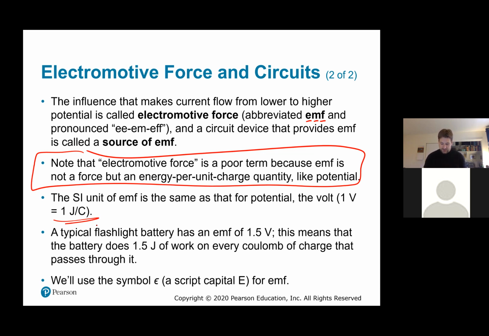The symbol, this is not the symbol I want to use, a script capital E. On the next slide, we'll see another version of a symbol that I don't want to use. I'm going to write it like that. And this extra curl up here is important for me because I've started using this symbol for epsilon.